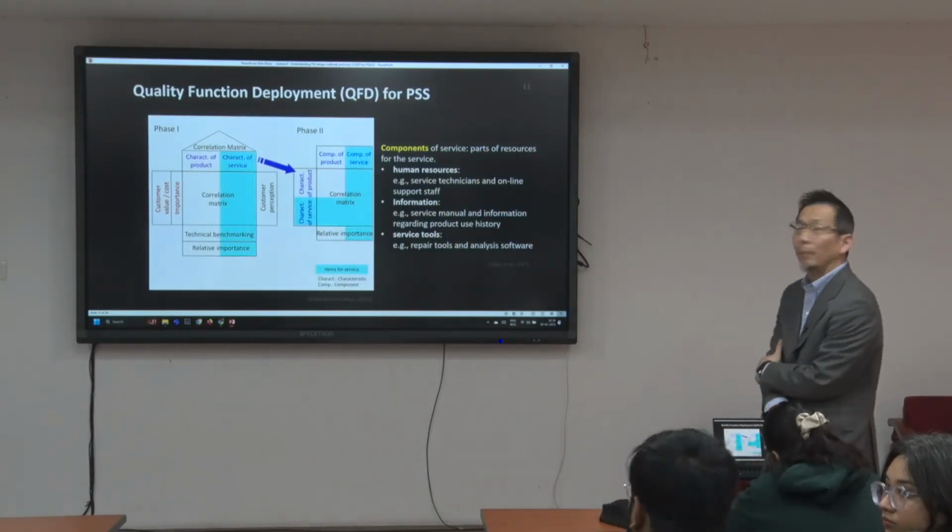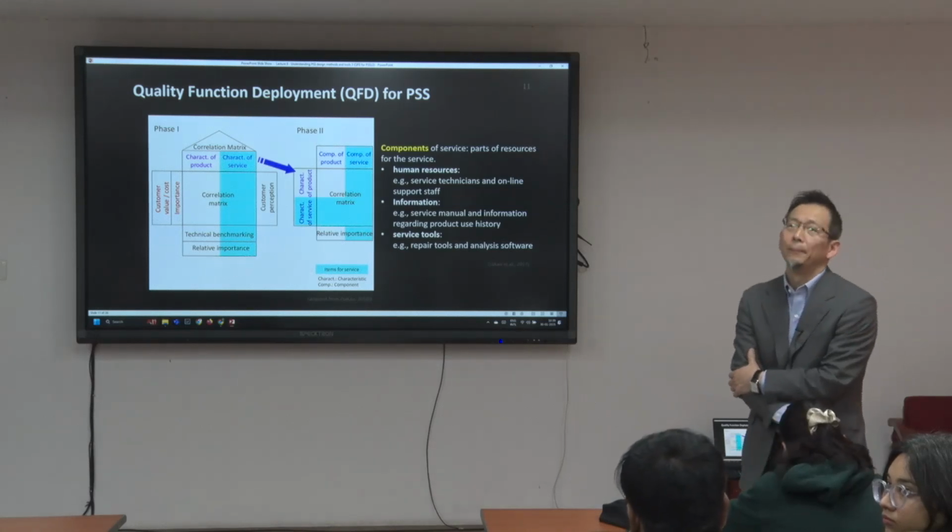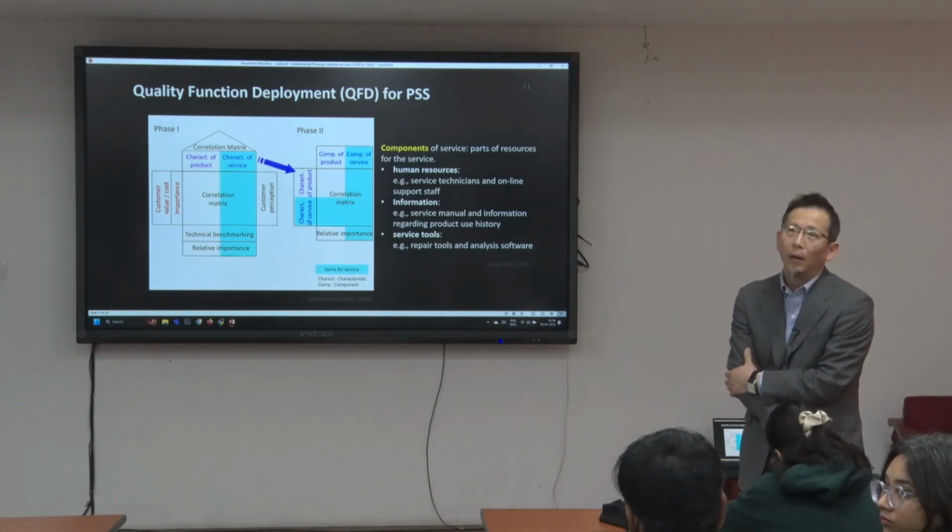Now I'm giving you a situation: I buy a Toyota car and the manufacturer tells me to install their app on my mobile, through which they maintain a customer relationship with me. And all my service requirements, they want me to do through that app. In which category will this app fall? Information and service tools, because the app will also have information characteristics and also service tools. What is your take on this?